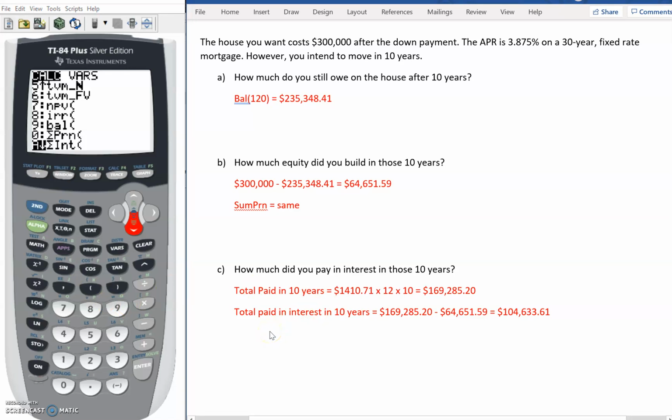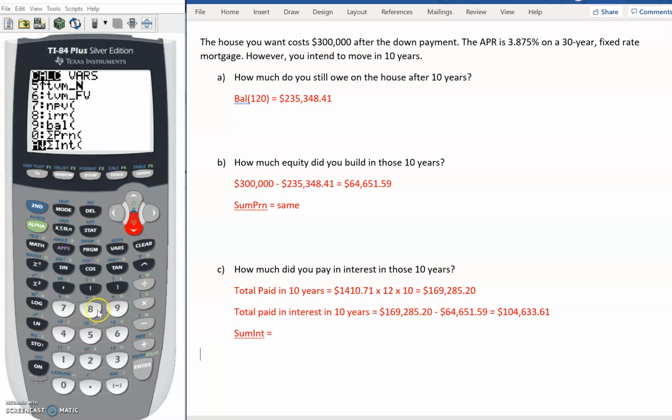We're going to use that and figure out what that comes out to. In theory, it should look like the 104,000 and change that we found, but I mentioned we rounded the initial monthly payment, so it will probably be close, but not exactly the same. So let's check that out.